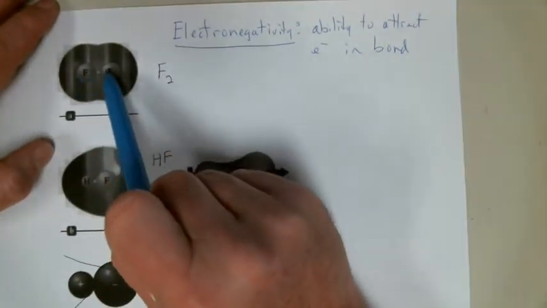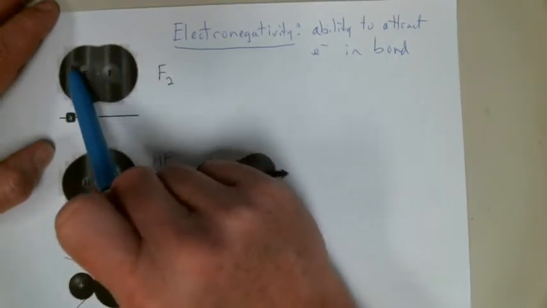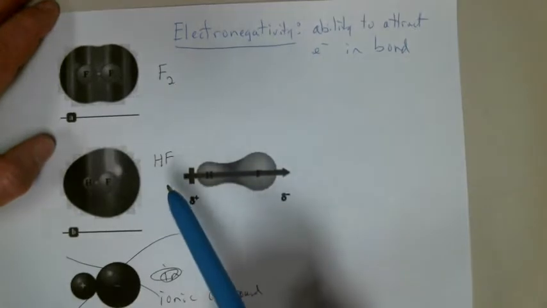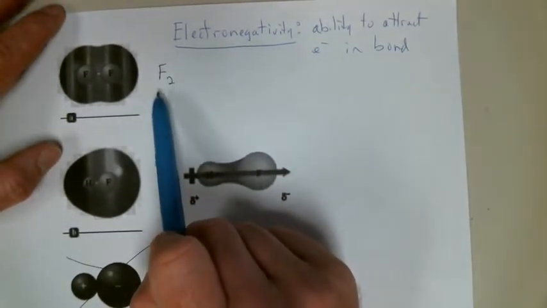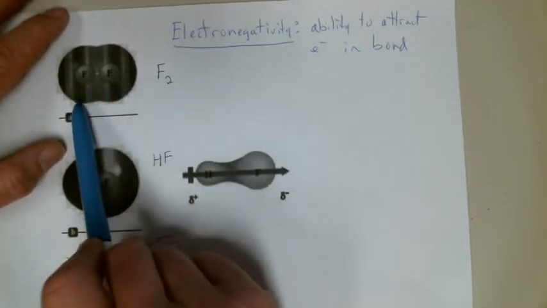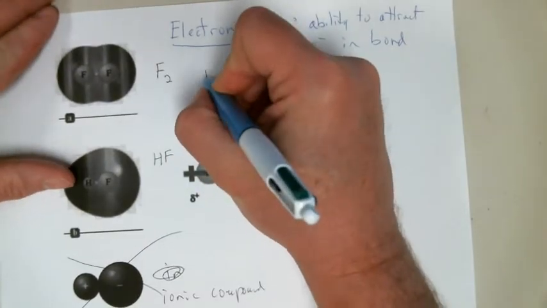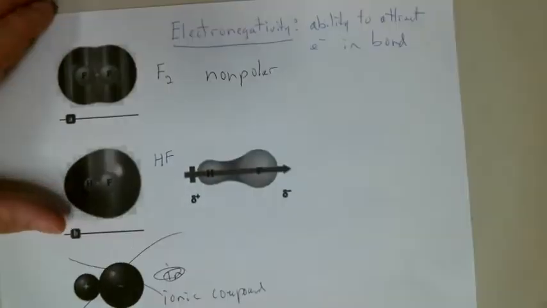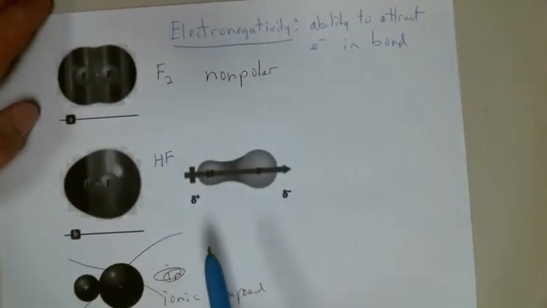So you got your 2 nuclei, and the electrons exist in an orbital around there with electron density between the 2 nuclei holding it together. And since it's the same element, fluorine and fluorine, that electron density is going to be evenly distributed all around there. So that is going to be non-polar, meaning it's the same on all sides, right?